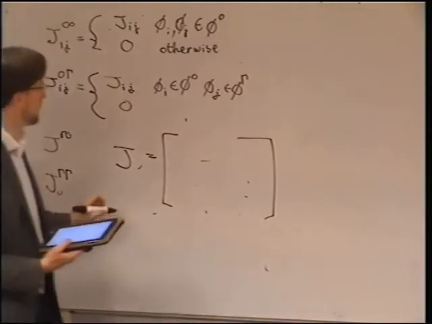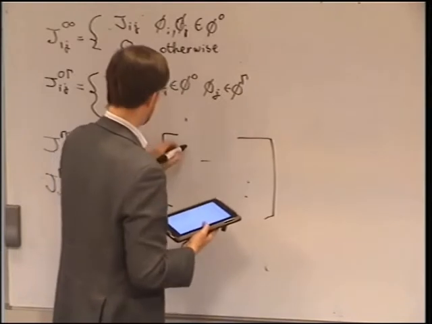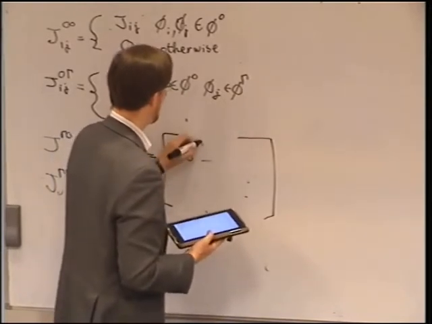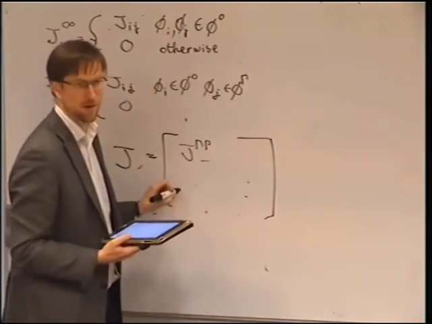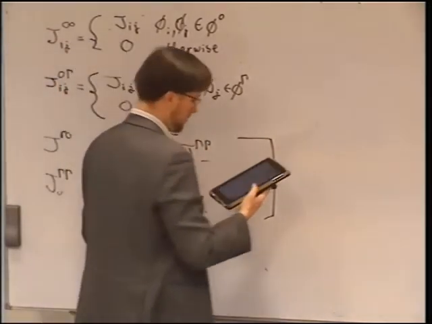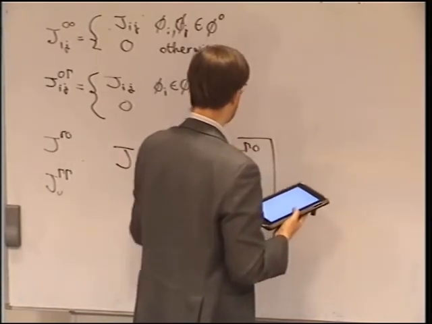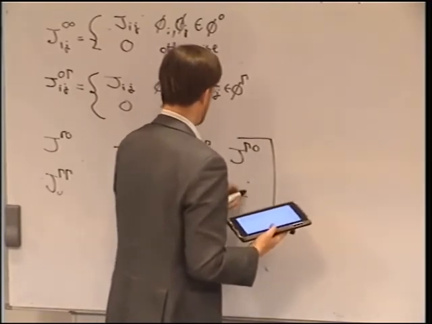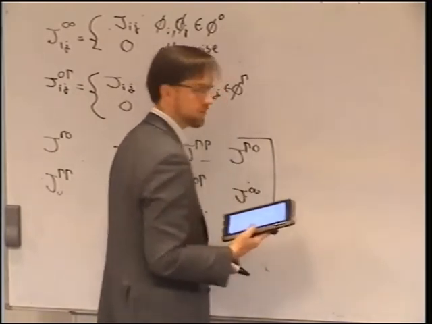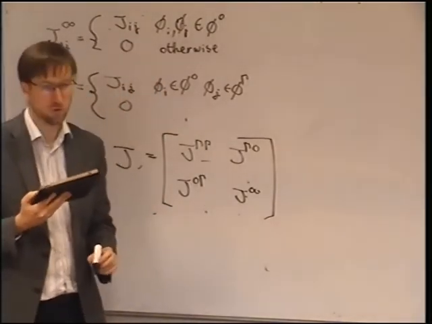So I can write this out such that this corner is J gamma gamma, because J gamma gamma is going to be 0 everywhere else. Then this block up here is going to be J gamma 0, this block down here is going to be J0 gamma, and this block down here is going to be J00. So now we can ask ourselves something about what these are.